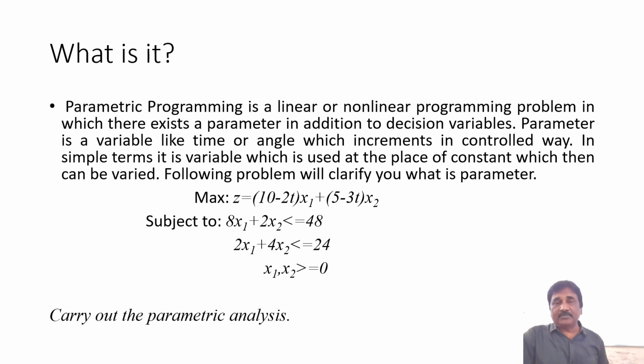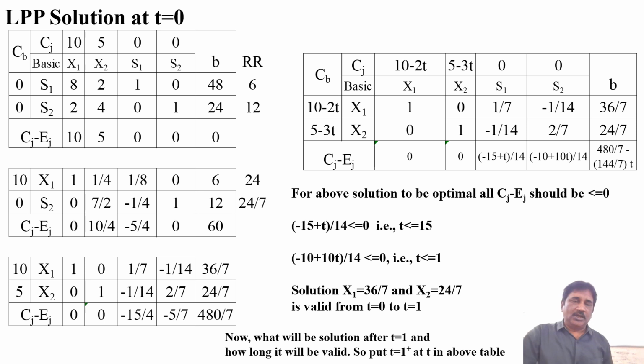So the problem I am going to solve by simplex method has 10x1 plus 5x2, because I have taken t equal to 0, and these constraints which are in front of you, right? So I have the simplex solution of that problem. I need not explain how I solved it by simplex method.